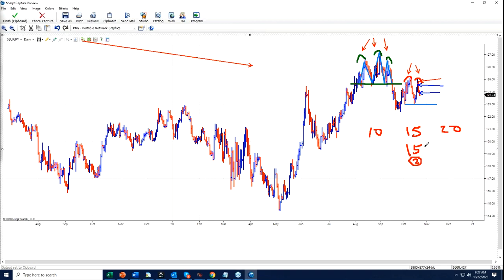So if you're trying to make 15, then you got to risk 17. And to me, this is a 1-to-1 relationship. So if you're trying to make 15 and risk 15, you've got a 1-to-1 risk reward. And to my mind, this means that you've got to be 80, 90% correct on your trades. You've also got to overcome the spread. And that's just not going to happen.